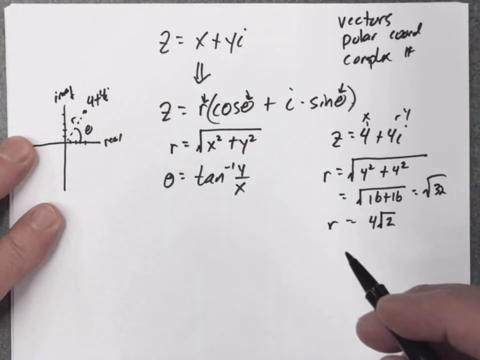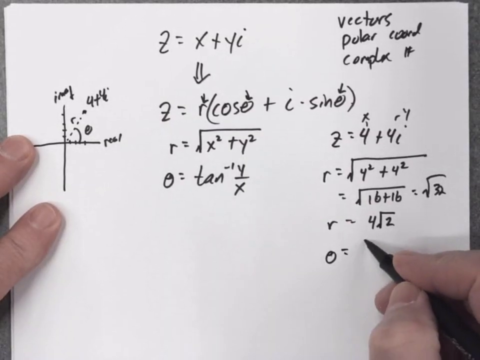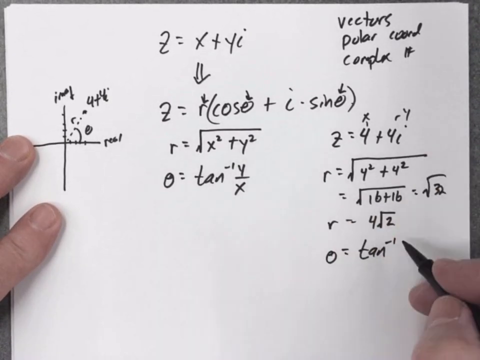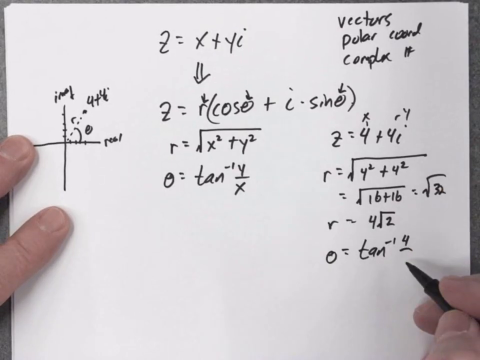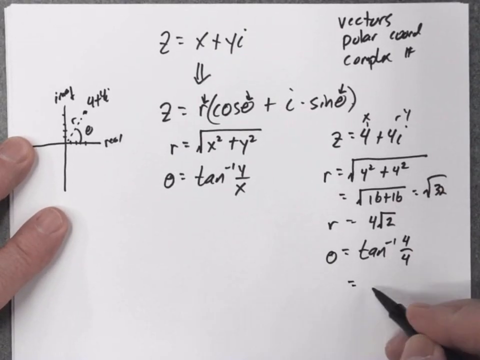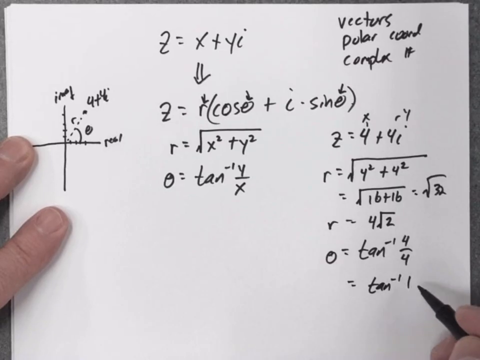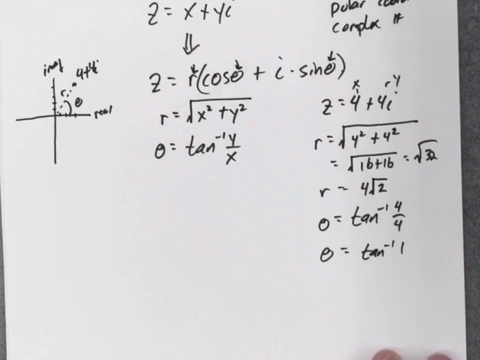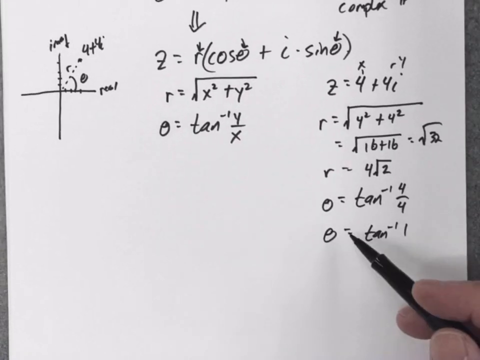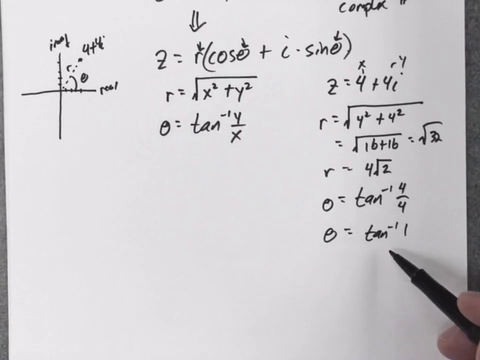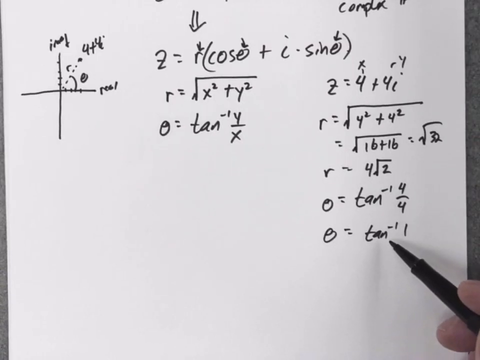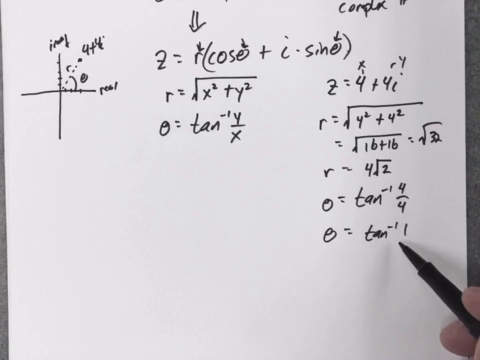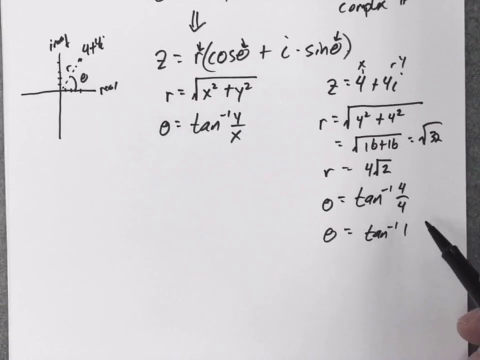So if I want to find the angle here, inverse tangent, my y is 4, my x is 4, so this is inverse tangent of 1. We ask ourselves the question, let's go find an angle, and this, in fact, is a special angle, so I don't need to grab my calculator. I can just do this with my unit circle. What's the angle where the tangent is 1?